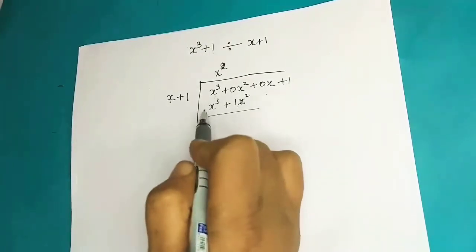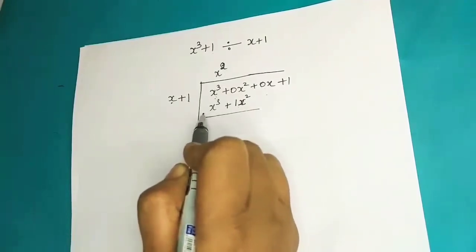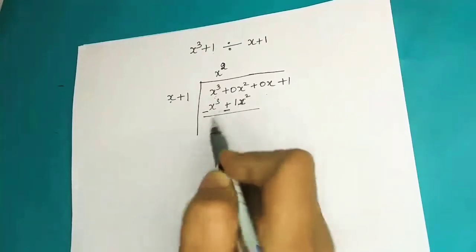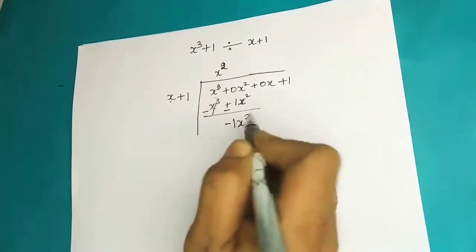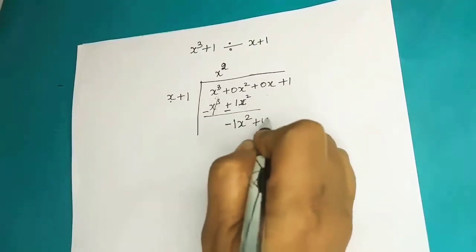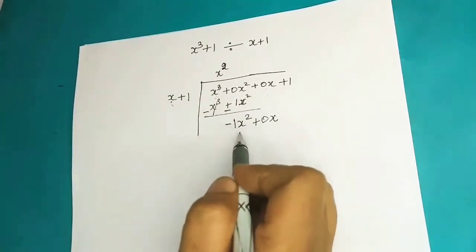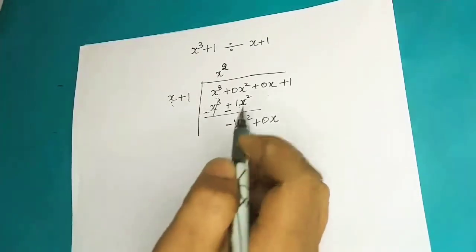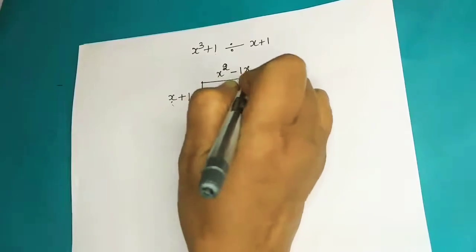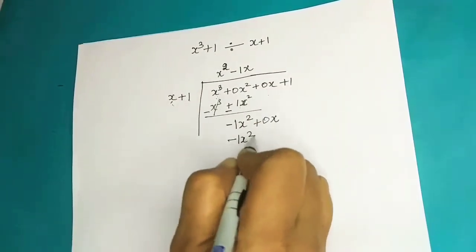Now we subtract, as we do in the normal division process, which I explained earlier. Negative x cube cancels with x cube, and what you get here is negative 1 x square. Next, take down the next term, 0x. Now x into what term gives negative 1 x square? x into negative 1x is negative 1x square.